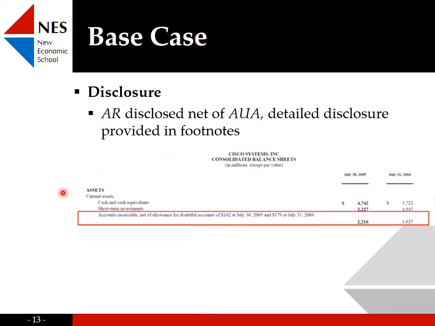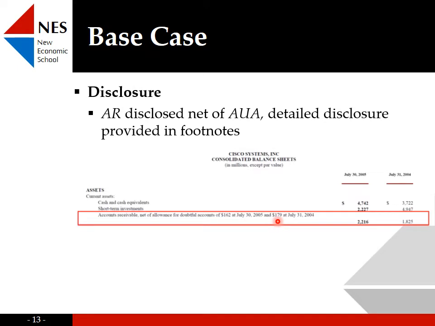So what we have here is a scan of one section of the balance sheet of the company Cisco Systems, and what you can see is the entry that reads accounts receivable net of allowance for doubtful accounts worth 162 at July 30, 2005 and 179 at July 31st, 2004, right? So these numbers are the net numbers from which the 162 and 179 have already been subtracted.